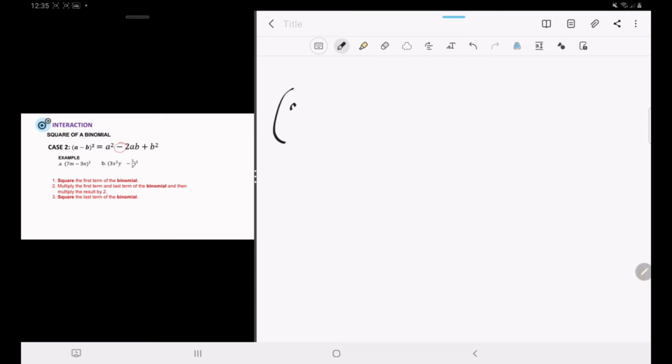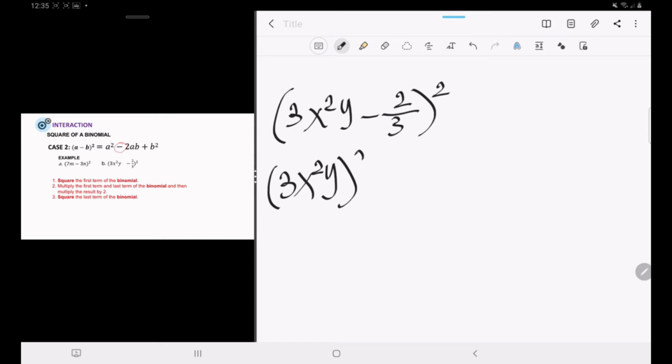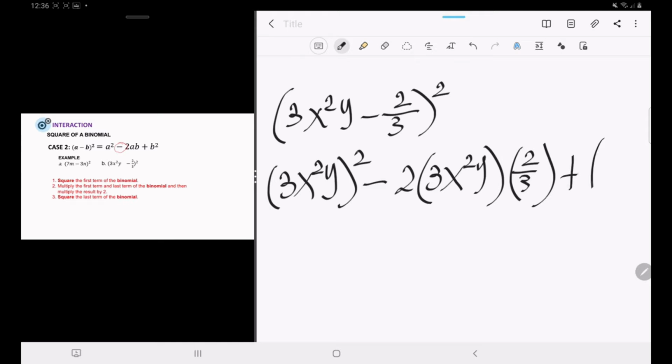We have here 3x squared y minus 2 over 3 squared. Okay, so we have to get the square of the first term. So that's 3x squared y squared minus 2 times 3x squared y times 2/3, and then plus 2/3 squared.